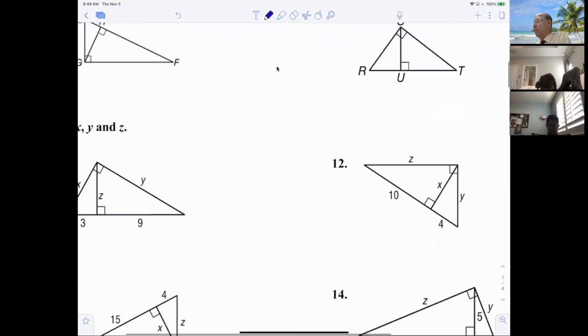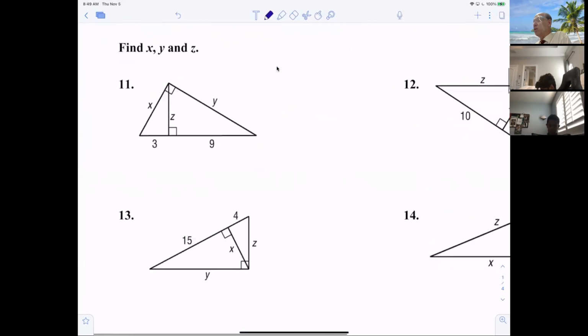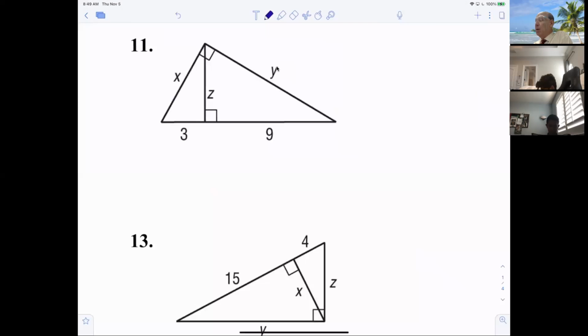All right, so let's jump down now to question number 11. Here we go. We have to figure out what x, y, and z are. Now, let's identify 3 here. 3 is the what?